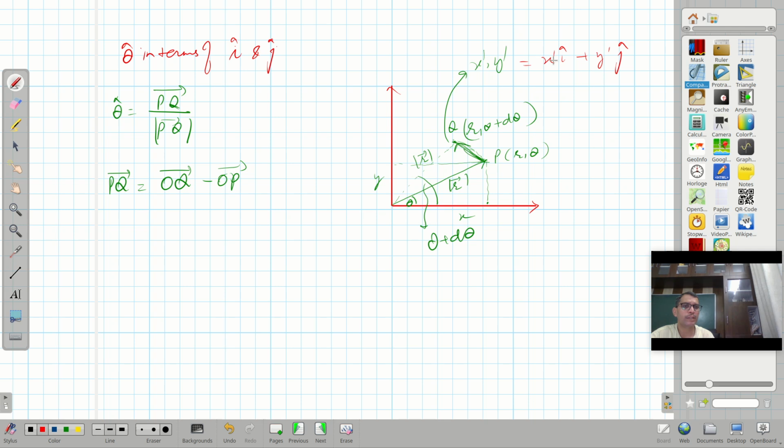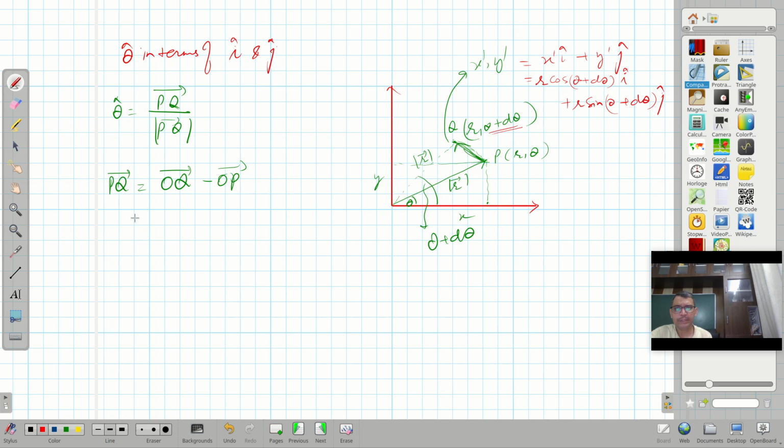But for this situation r will remain the same and theta is changing, so I can write it as r cos of theta plus d theta i cap plus r sin of theta plus d theta j cap, right?